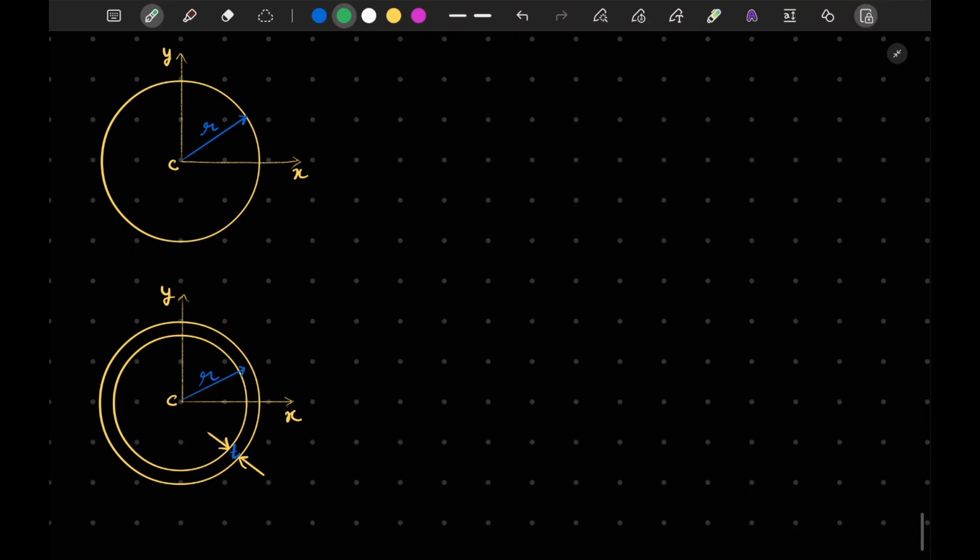Now next is our circle. For a circle we know that the area is given by pi r square, or in terms of diameter, pi d square by 4. This is our area.